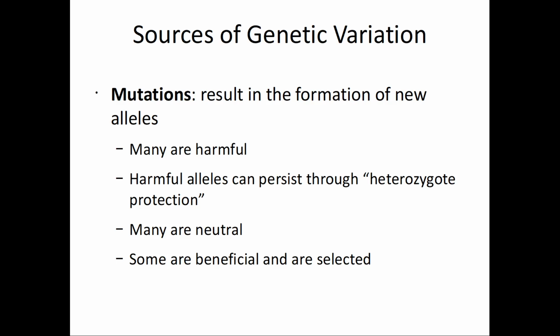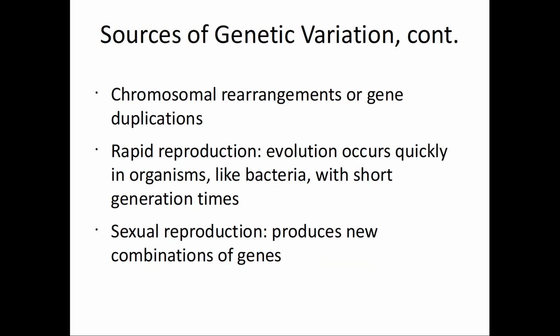So we end up with no real change. And then some rare ones are actually beneficial, and this is where we get our source of new traits that can be selected for and potentially produce new organisms or organisms with new and beneficial traits. All right.